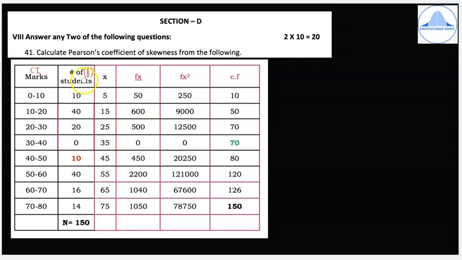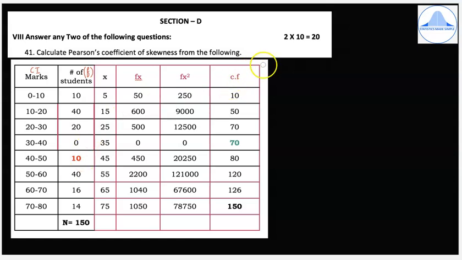Now, the first step is to check if any of the maximum frequencies are repeating. So here in this frequency column, 40 is the maximum frequency and it is repeating twice. That means mode is ill-defined.